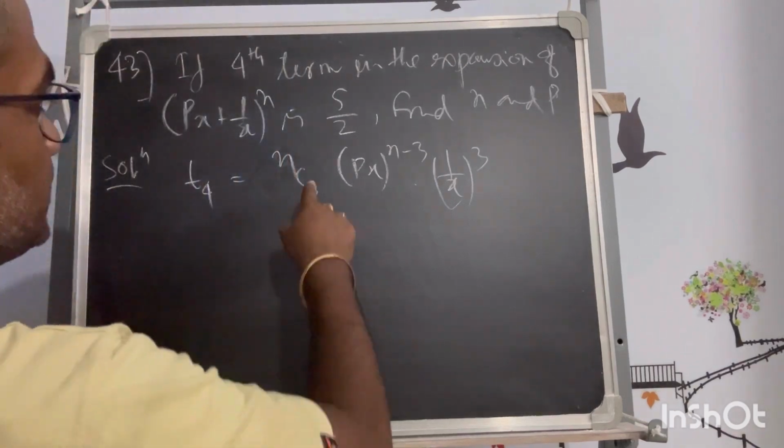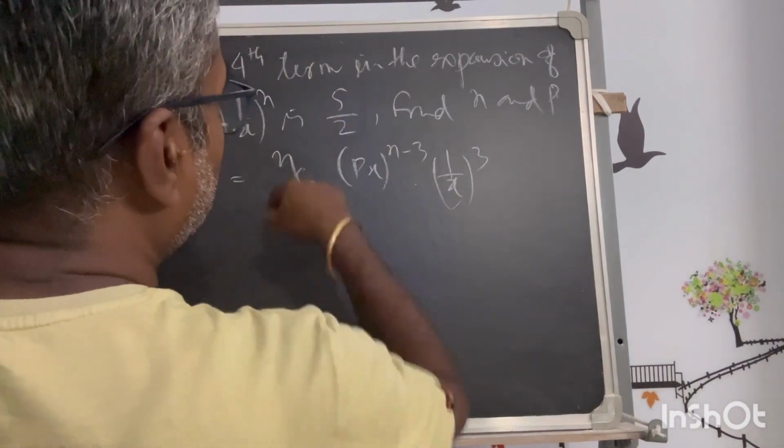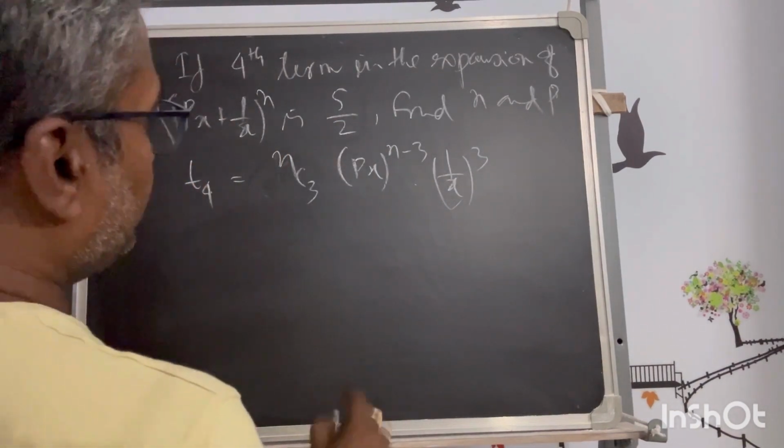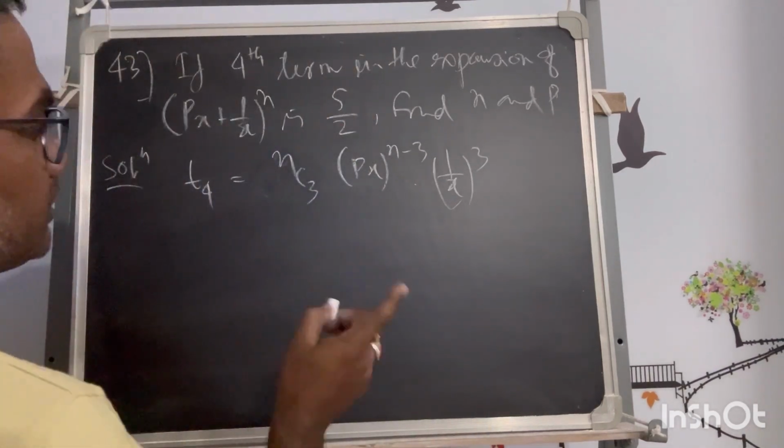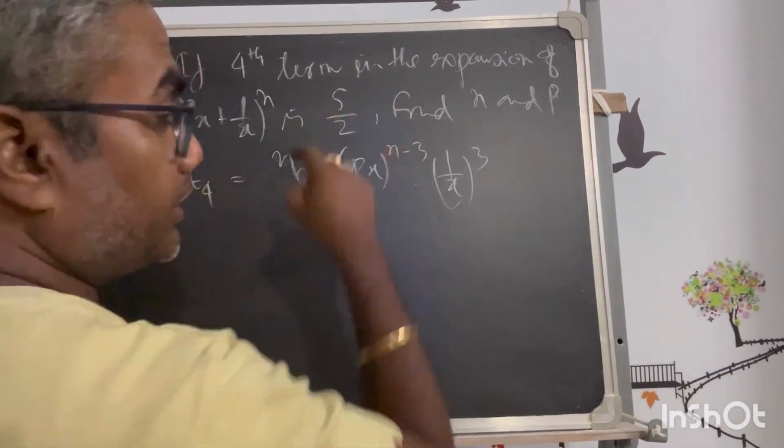Now it is said to be 5 by 2. By seeing that, one thing is clear: there is no x in it.